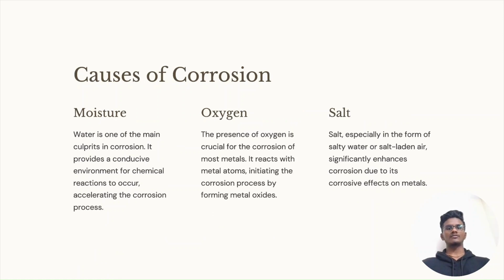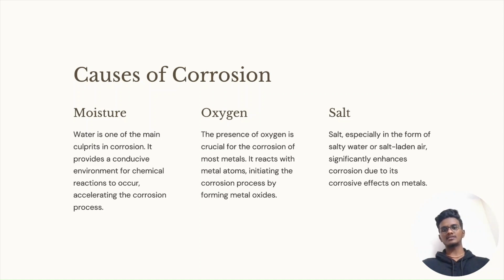Causes of corrosion. What are the causes of corrosion? Mainly moisture, oxygen, salt. Moisture effects. Water is one of the main culprits in corrosion. It provides a conducive environment for chemical reactions to occur, accelerating the corrosion process. Oxygen.